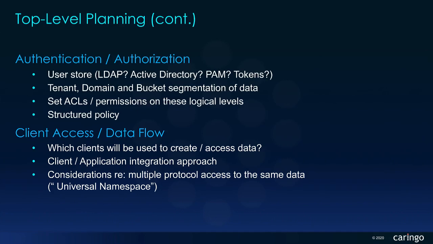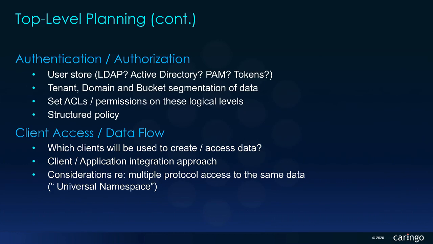So we have the ability to have this universal namespace. In the end, you're accessing the same namespace, but using a different protocol. All of them have their own benefits, but it's related to the type of workload or the data flow that you have in your environment, right?